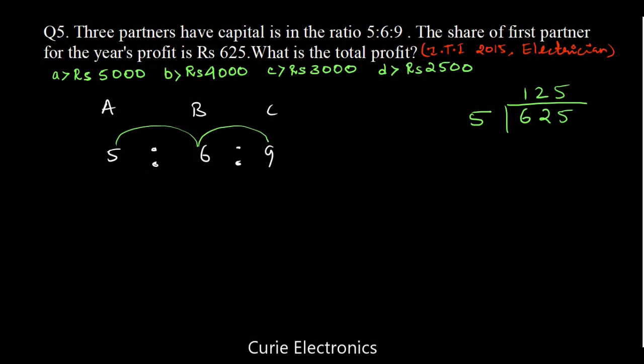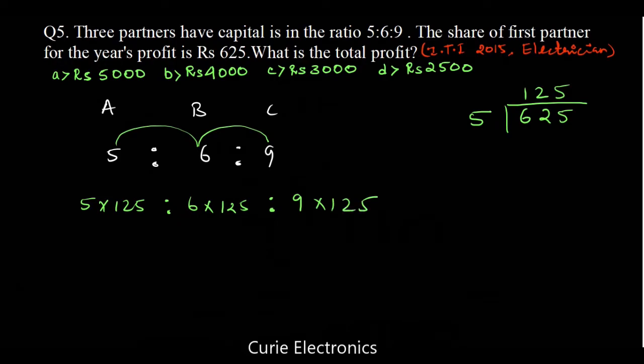Once you know that 125 is one portion of this ratio, then easily you can write that it is 5 multiplied by 125 is to 6 multiplied by 125 is to 9 multiplied by 125.